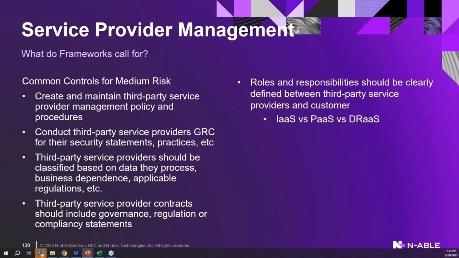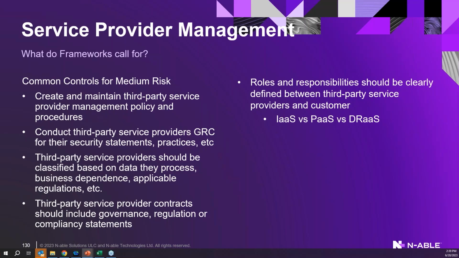When we get up to medium risk, they want you to start being more aggressive. They want you to create and maintain a list of your third-party service providers with a policy and procedures document, making sure that you reach out to those third-party service providers and get their security statements and their practices.